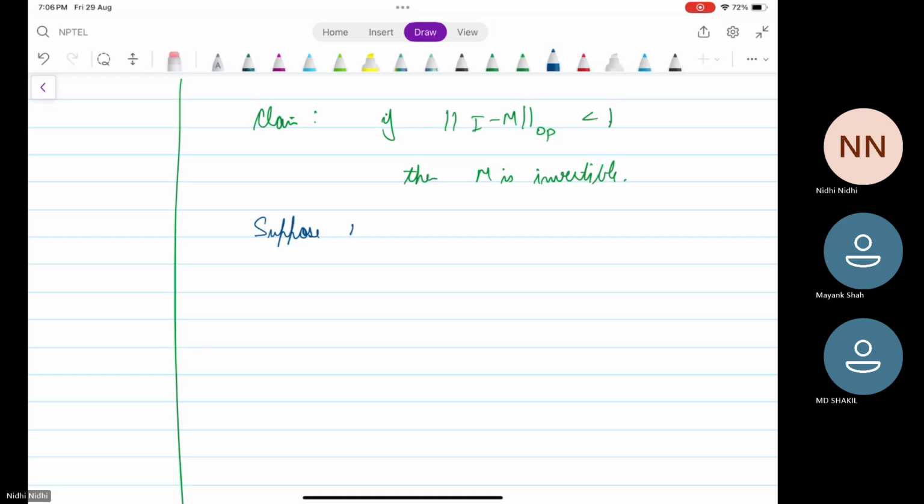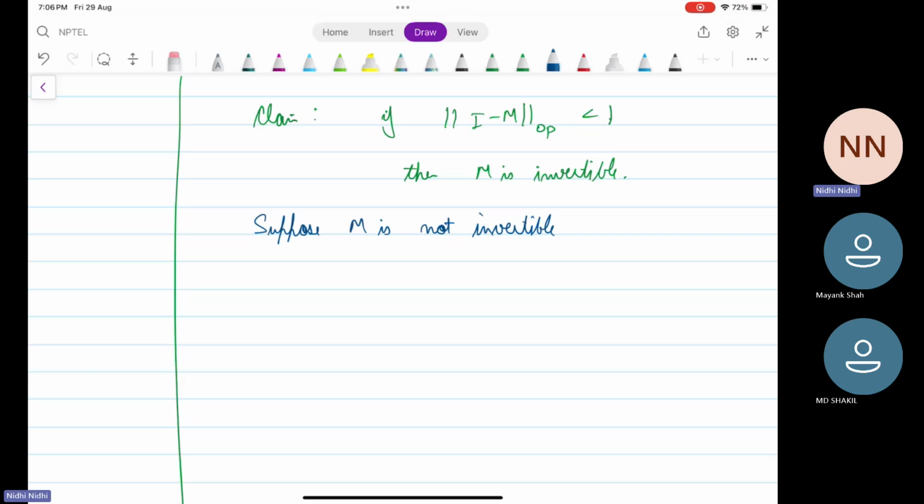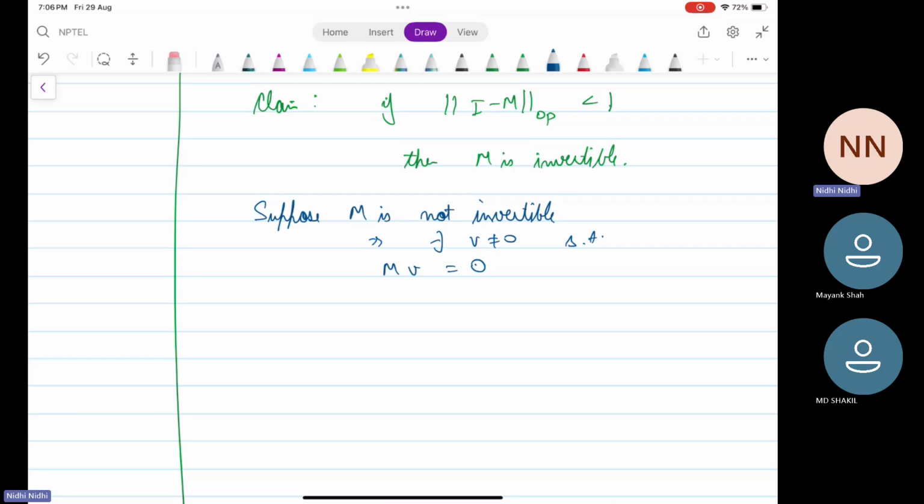Suppose M is not invertible. Now, what is this M? This M is a linear transformation, no? Matrix means linear map, and when it is not invertible, that means we can find some non-zero vector such that it is mapped to 0. That means our kernel is non-empty, our kernel is not just the singleton 0.